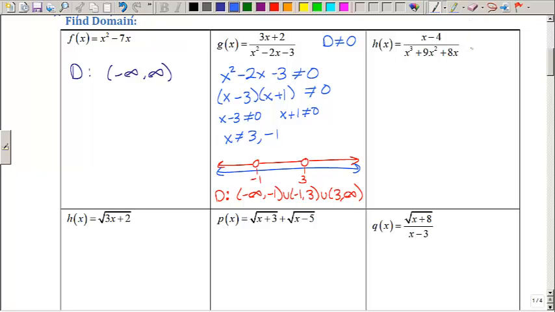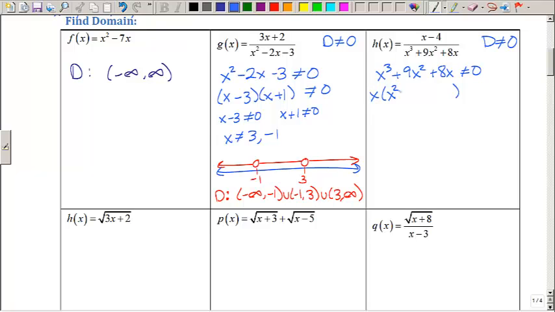Similarly, on the next problem, h of x equals x minus 4 over x cubed plus 9x squared plus 8x. I don't have an even root, but I do have a fraction, and in my fraction I have x's in the denominator, which could give me the possibility where my denominator might be equal to 0. So in this problem I need to exclude all values where the denominator is equal to 0. So I'm going to set my denominator not equal to 0 and solve.